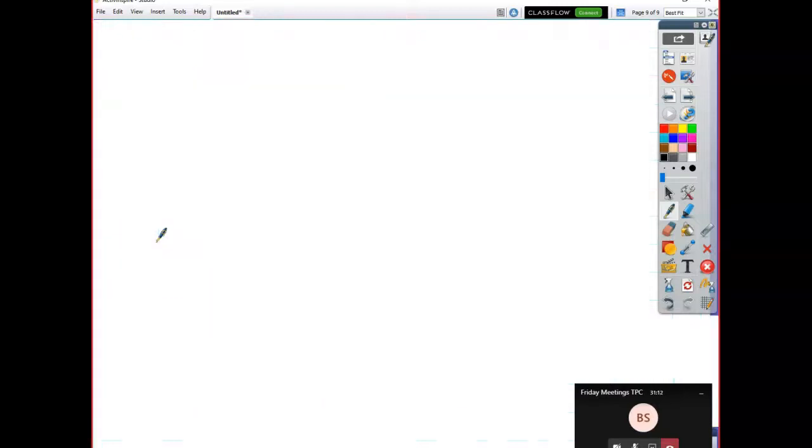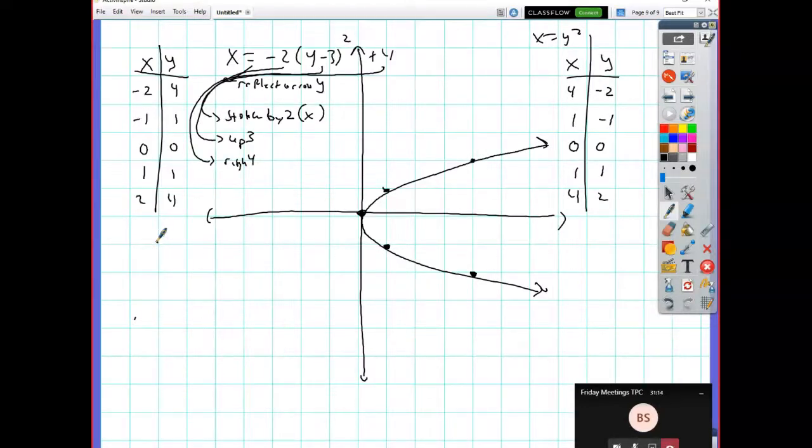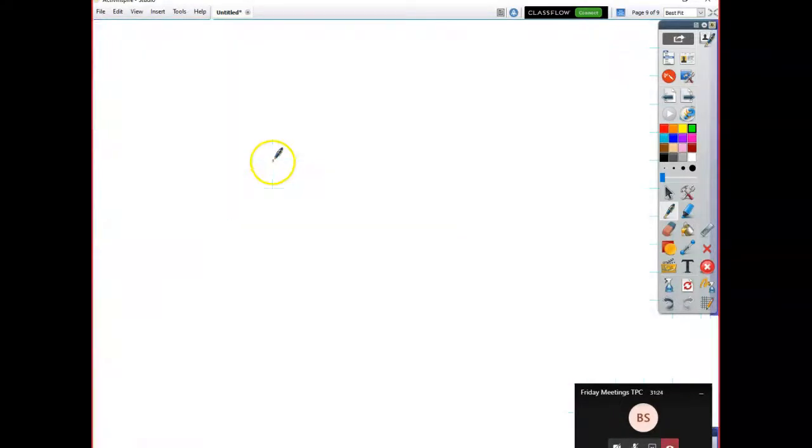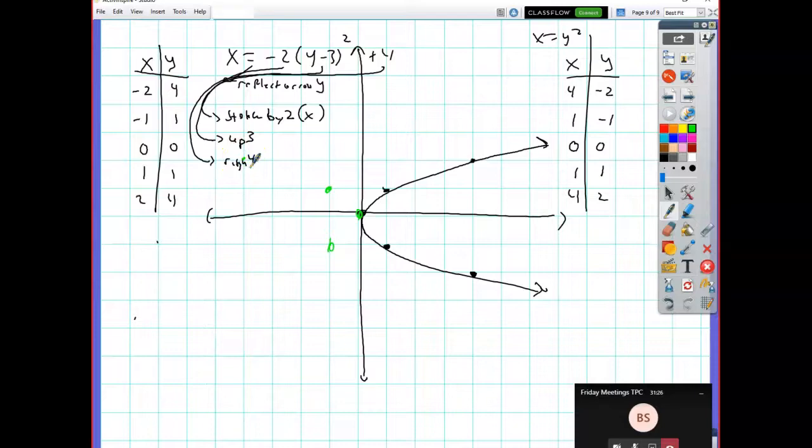Beautifully done. I don't think you've ever gotten through that without making a mistake somewhere. All right, let's do this. So reflect across the y-axis means that these points I've got are going to be here, here, here. 1, 2, 3, 4. Here and here. Next up, it says stretch by 2, but that's in the x direction.